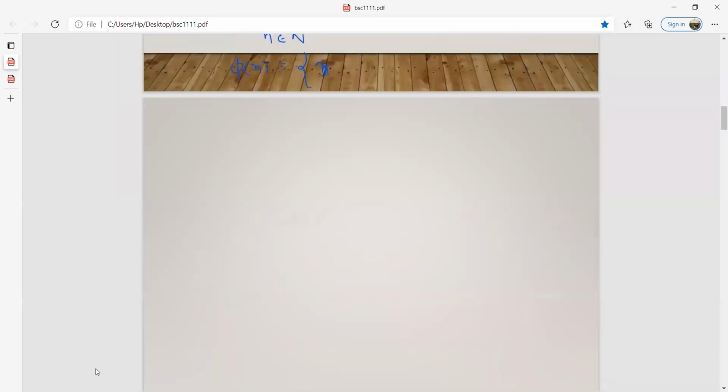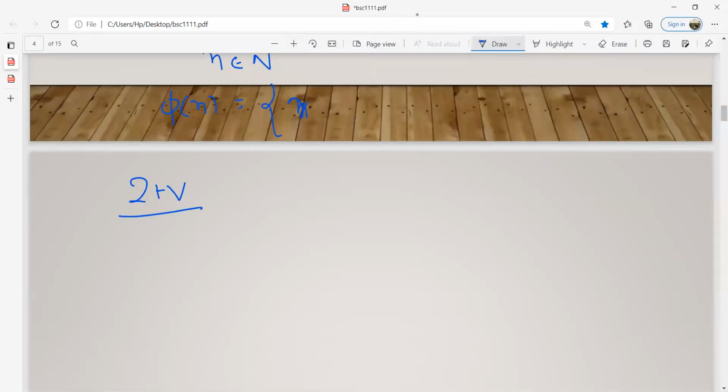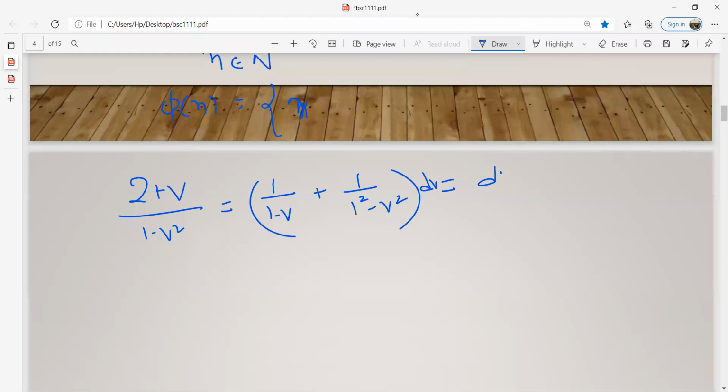Just understand what I am saying: after simplifying this expression, 2 plus v divided by 1 minus v square can be written as 1 upon 1 minus v plus 1 upon 1 square minus v square, with dv, and here dX divided by capital X.